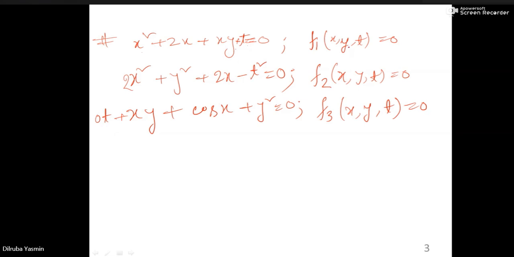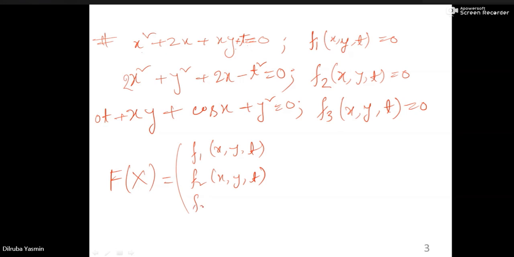So from these three functional equations you can keep only these functions together and make a function matrix from them: f1 of x comma y comma t, f2 of x comma y comma t, and f3 of x comma y comma t. Alright, so this is a column matrix.